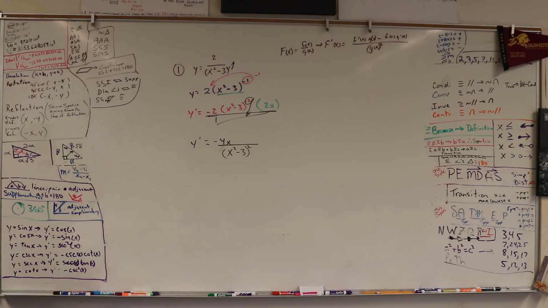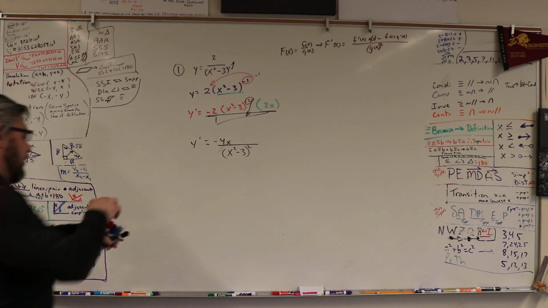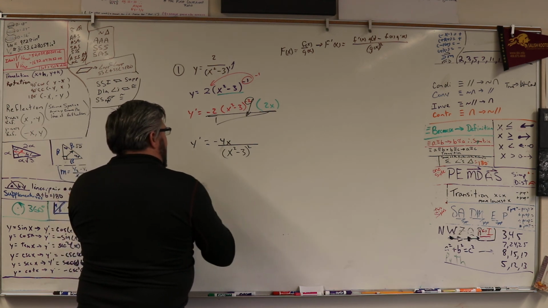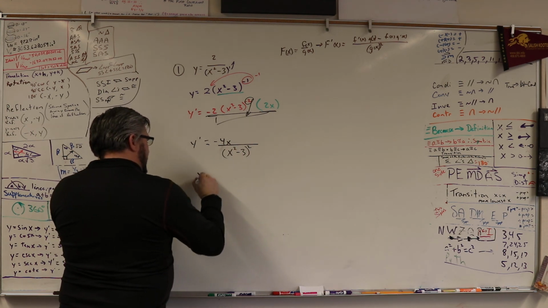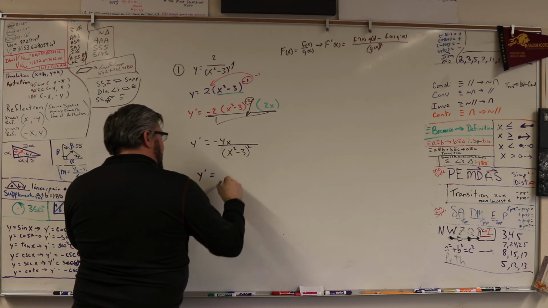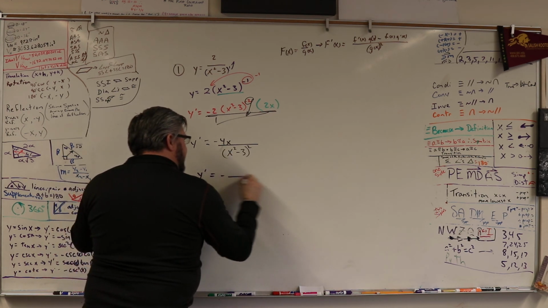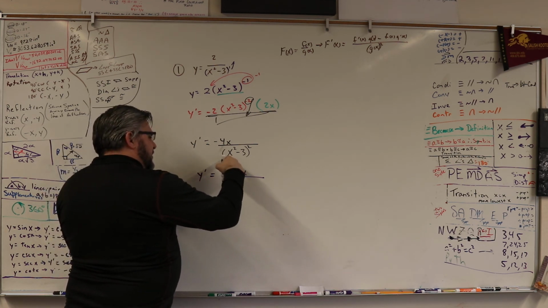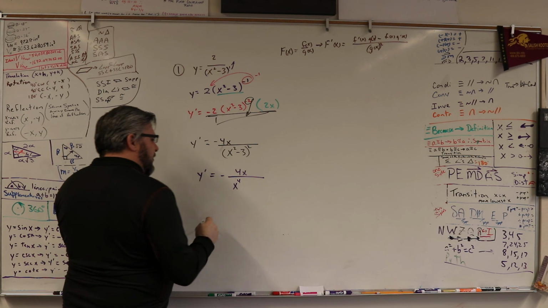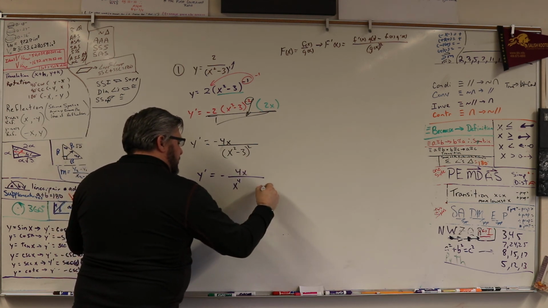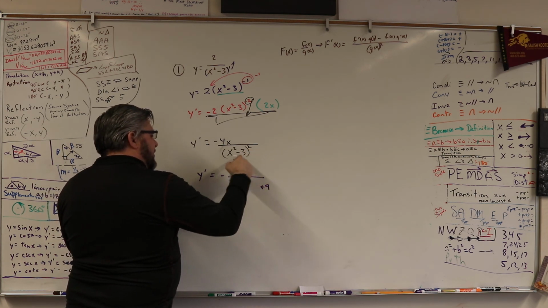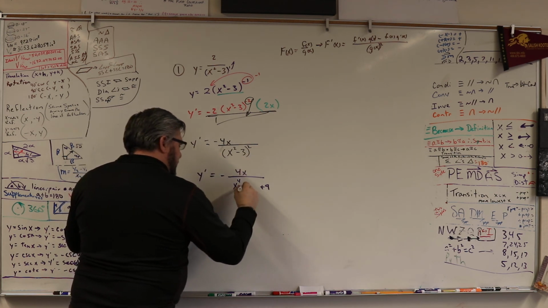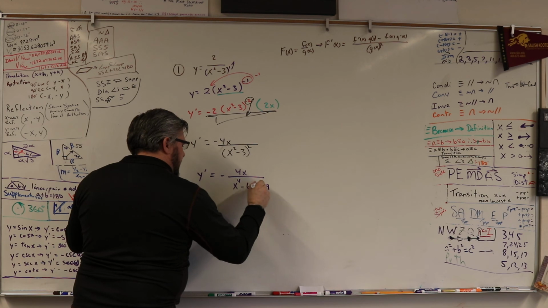So what they did is they took it out of its polynomial. They want this as y prime is equal to, and they put the negative out in front, 4x, and then they squared this, which is x to the 4th, and this squared, which is plus 9, and this times this times this, 2 times 3 is negative 6, so negative 6x squared.